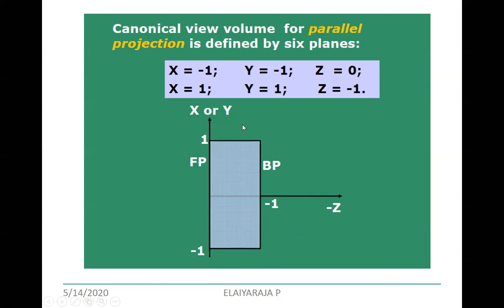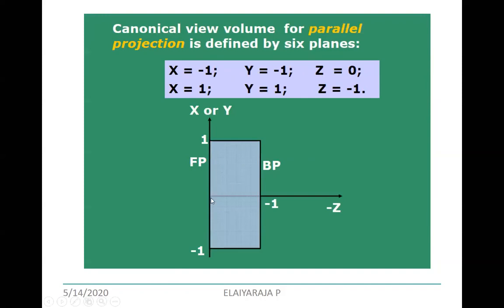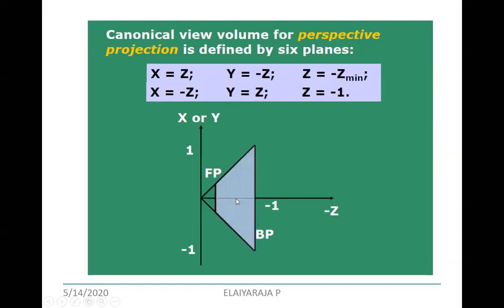Okay, and similarly with respect to your perspective projections, here it says about the direction of the projection. When you consider here the center of projection, it is infinity over here in parallel projection.